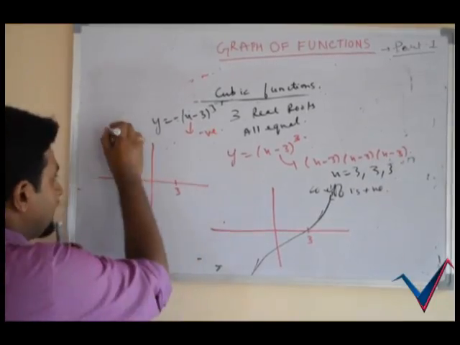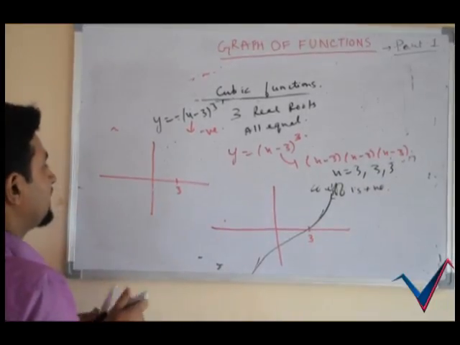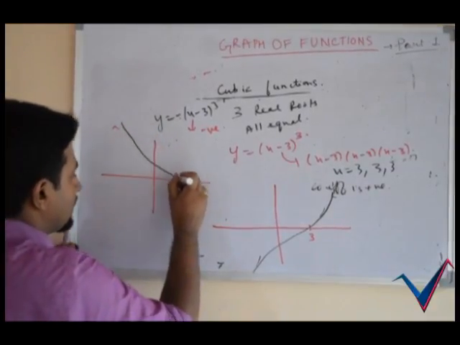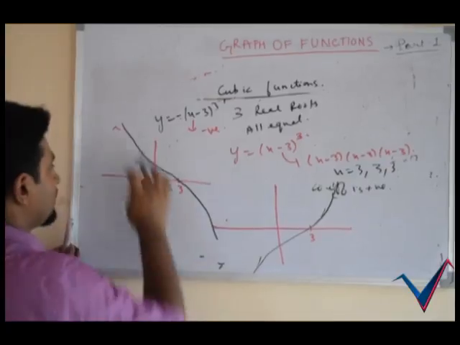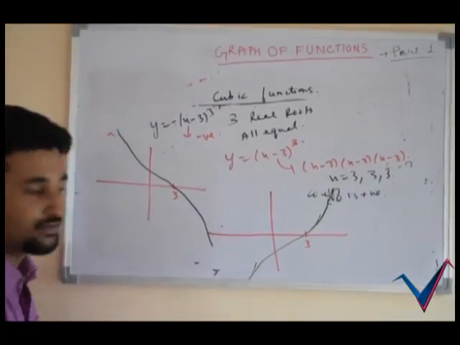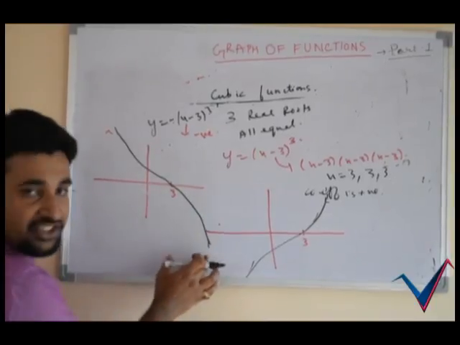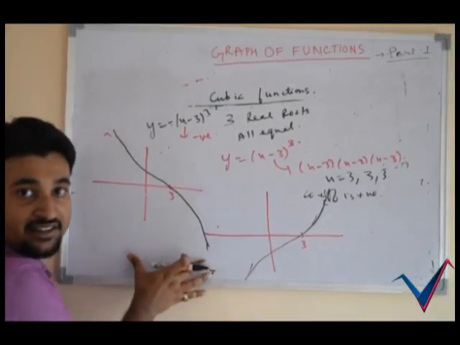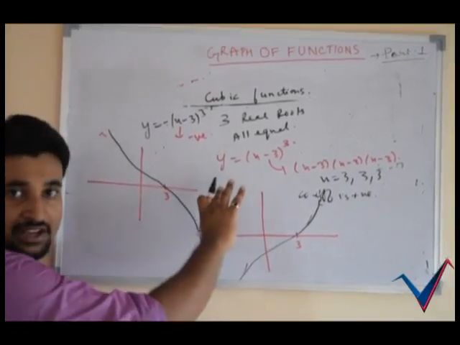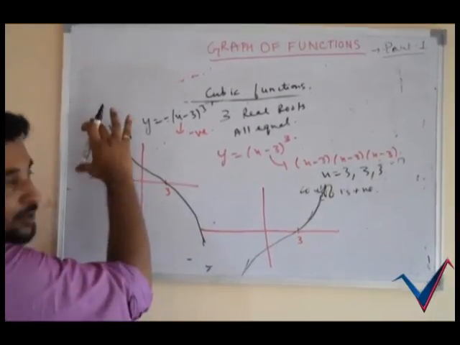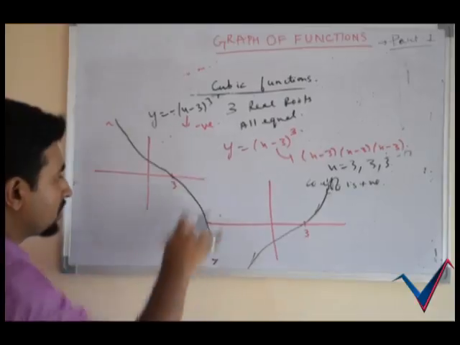So the graph would simply go this way, because it has to reach here. We know that if x is a large number, then y has to be negative of that large number, and if x is negative here, y has to be positive of the same magnitude. So this will go.